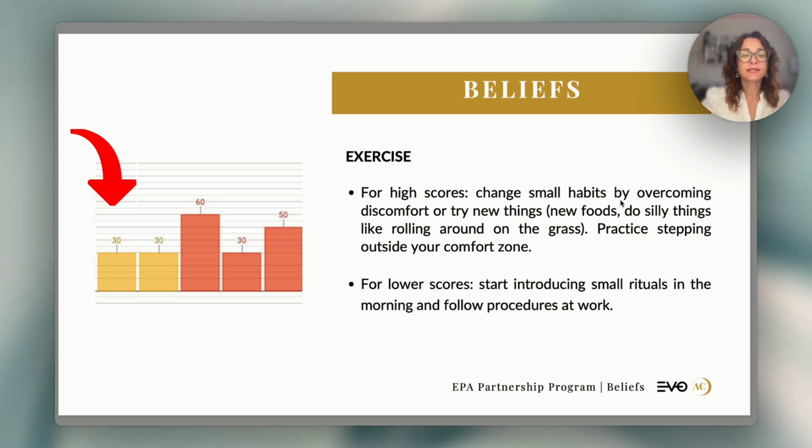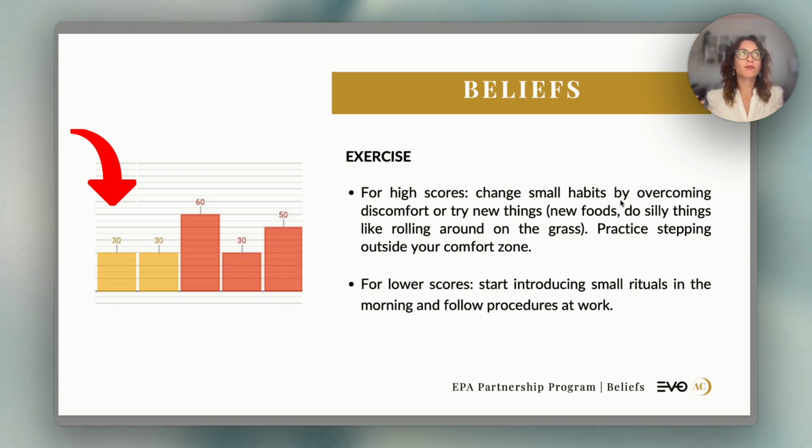To summarize, for high scores, an exercise that you can propose, amongst the many that you obviously have up your sleeve, is to change small habits by overcoming discomfort or to try new things, new food, do silly things like rolling around on the grass, stop shaving yourself for like a week.